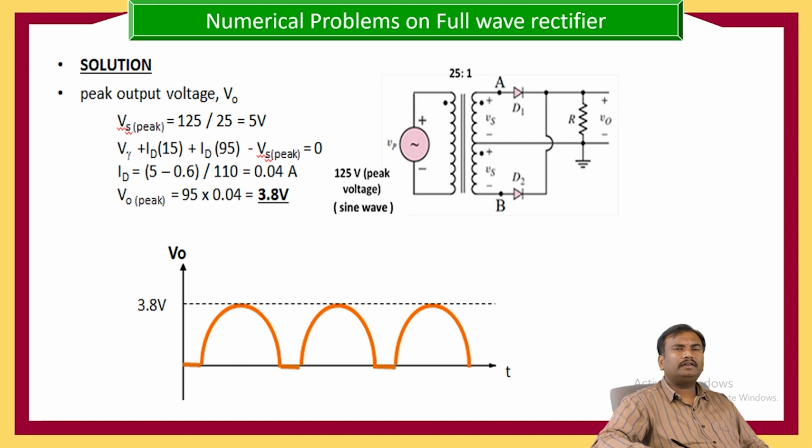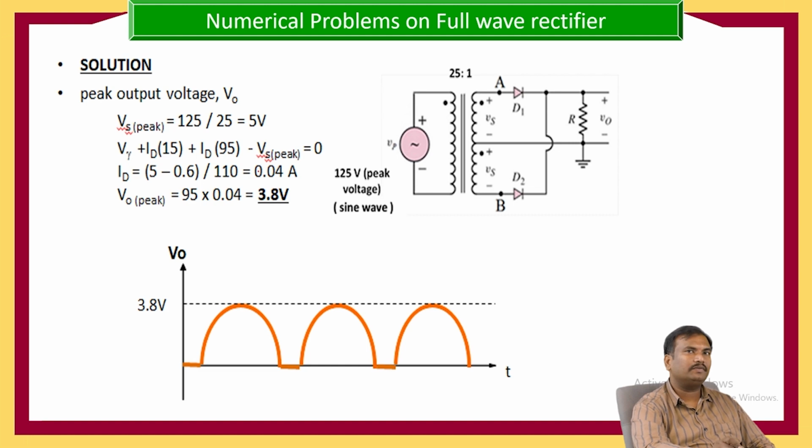Here, in order to get the peak value, Vs peak is equal to 125 by 25, which is equal to 5 volts. And V gamma plus ID into 15 plus ID into 95 minus Vs peak is equal to 0.